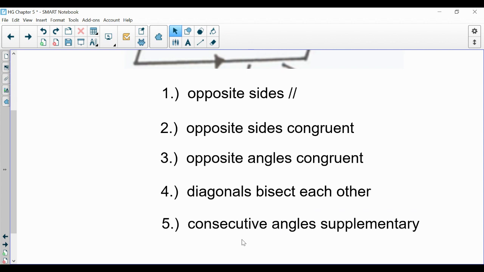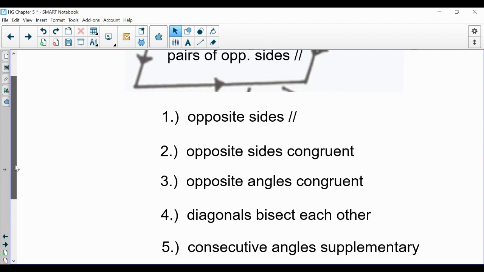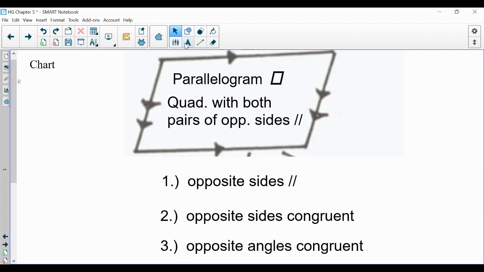And then also consecutive angles are supplementary. So 2 things there. Consecutive angles means angles that are next to each other in the figure. So this guy and this guy are consecutive. Same with the bottom, right? So this one is consecutive to this one. These 2 are consecutive to each other.